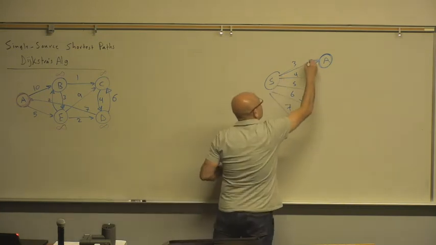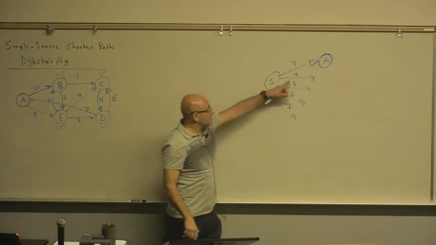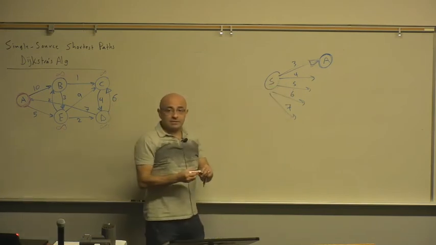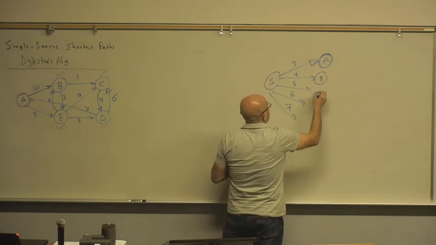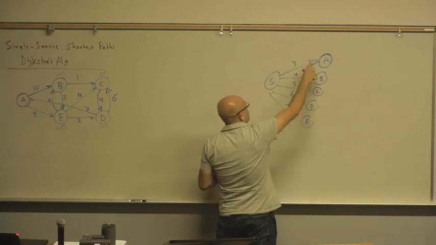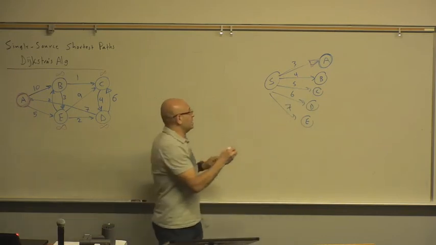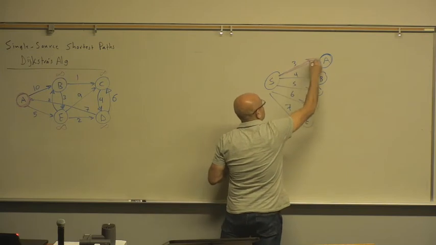But I don't know if these are the shortest paths to the other vertices, like B, C, D, E. So this is the only one that I know is the shortest path, and it can't be any better than this.